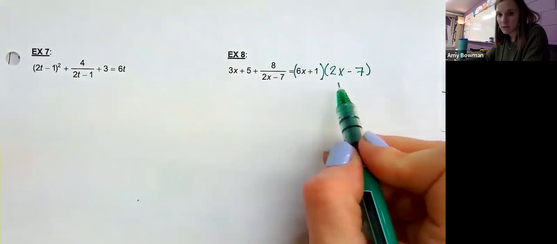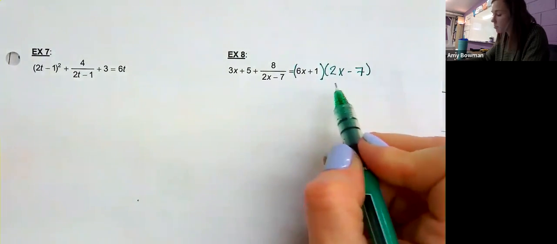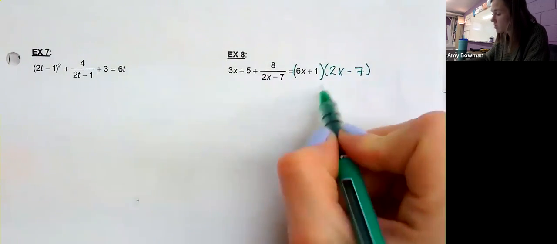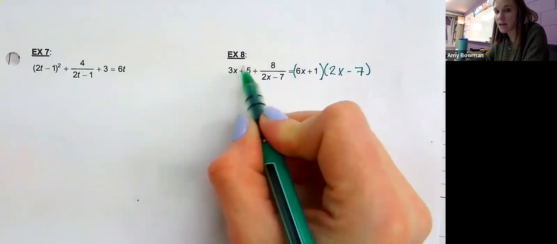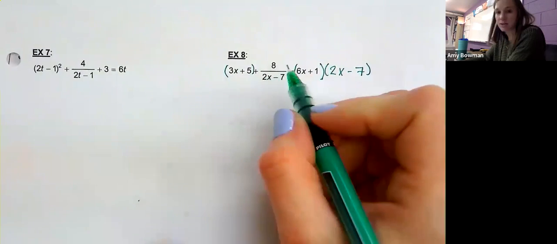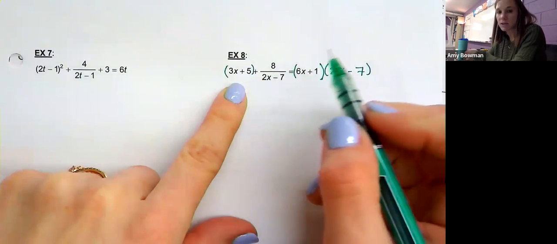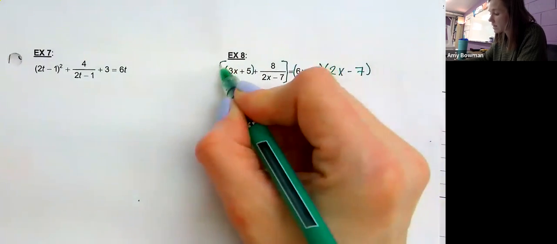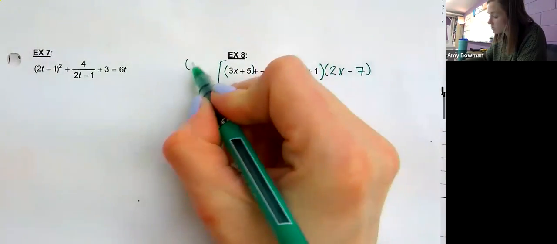On the right, I'm just going to distribute those two together. But on the left, you can think of it as multiplying 2x minus 7 to 3x and then to 5. Or you can think of it as multiplying it to this as a group, 3x plus 5, and that does a little bit more in one step. So we're multiplying this whole side by 2x minus 7.